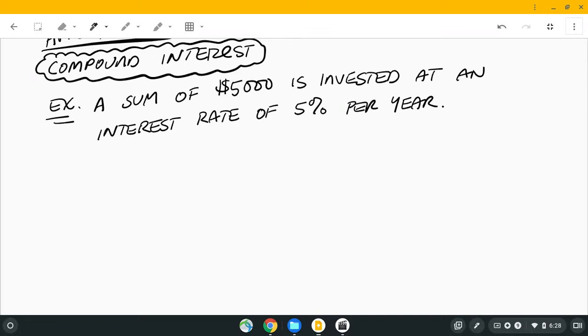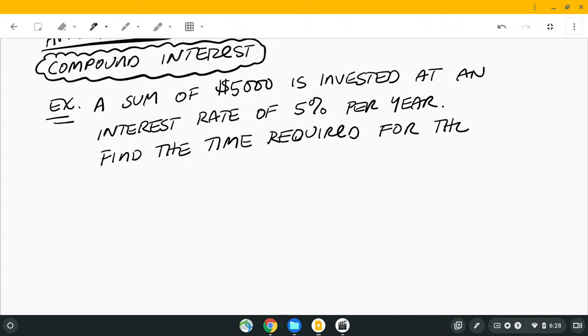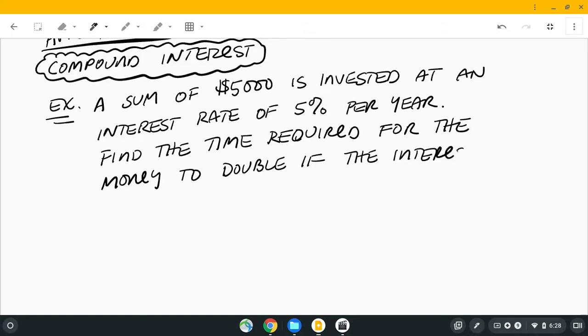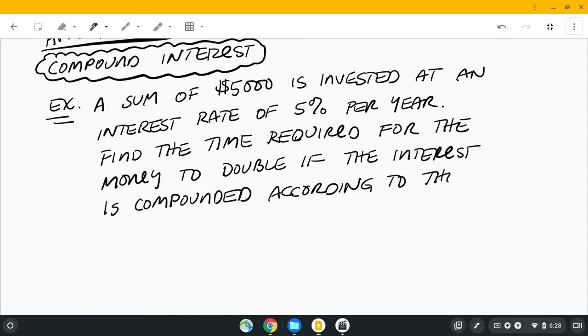Find the time required for the money to double if the interest is compounded according to the following.